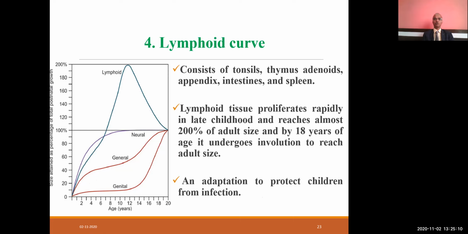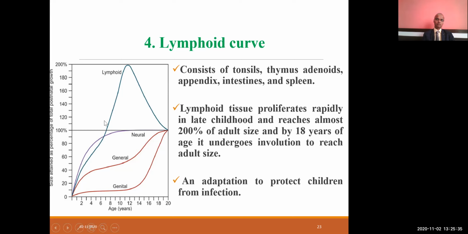So lymphoid tissue proliferates rapidly in late childhood and reaches almost 200% of adult size. And by 18 years of age, it undergoes involution, a regression in size to reach adult size.